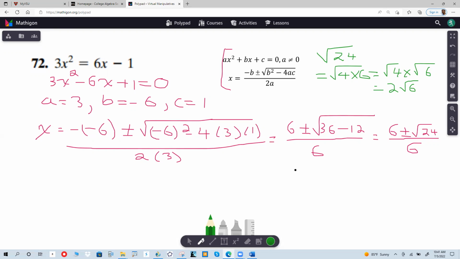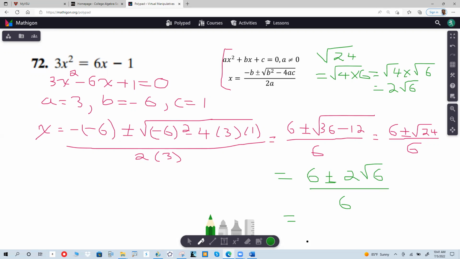I'm going to go back. 6 plus minus 2 square root of 6 divided by 6. Now, you can divide or factor out, however you want to say it, guys.